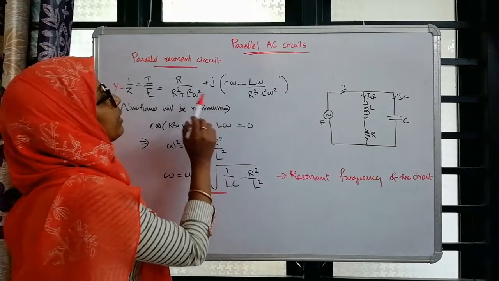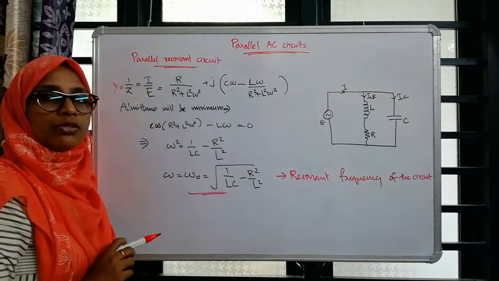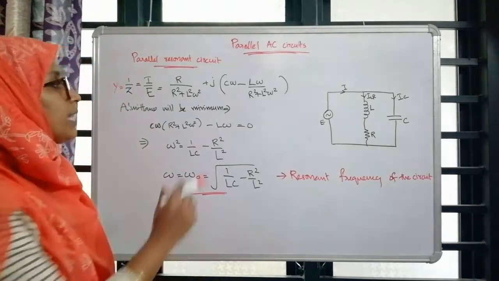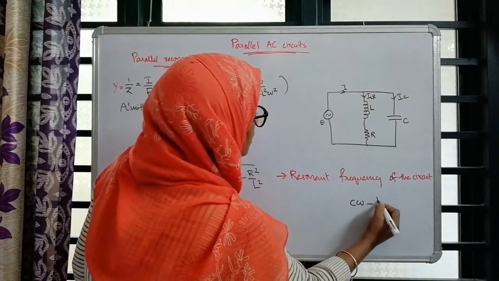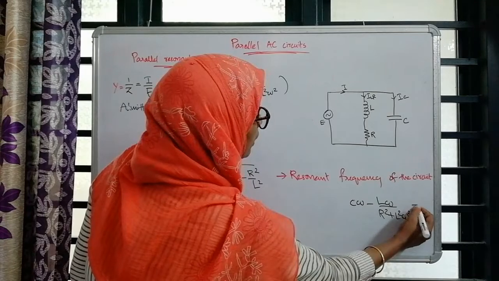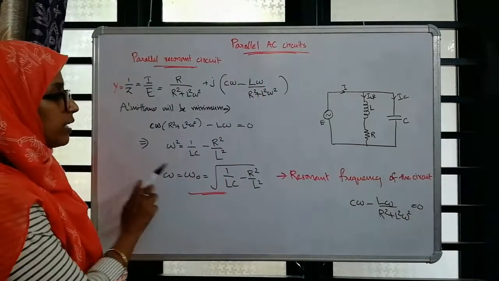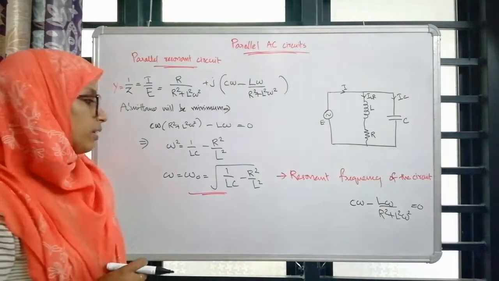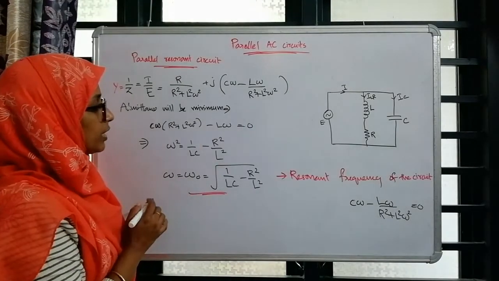This will be maximum only when the imaginary term, the reactance component, vanishes. That is C omega minus L omega by R square plus L square omega square equal to 0. From this also we can obtain the same relation, omega is equal to omega 0, that is root of 1 by LC minus R square by L square.